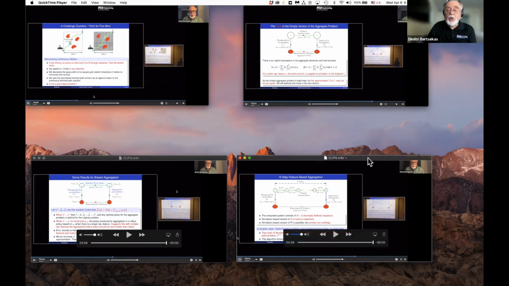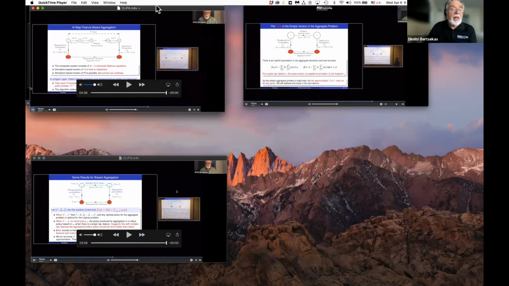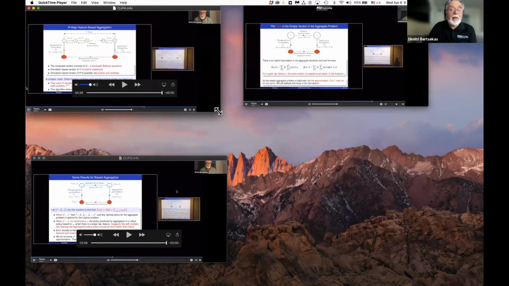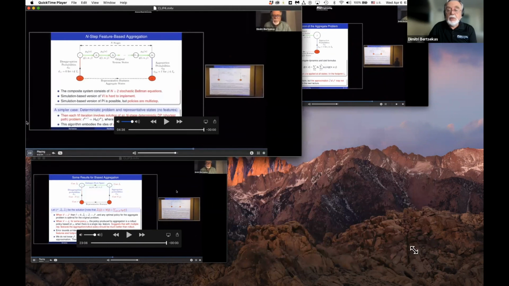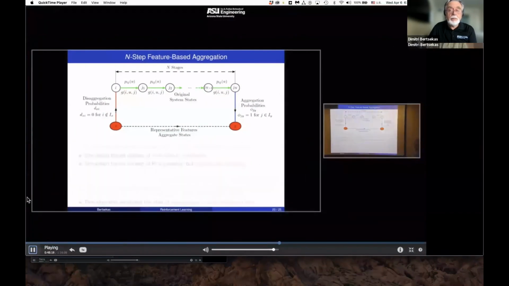I have a short video for another variant of aggregation, and I'm going to go to that. So now let's look at another version of multi-step look ahead.